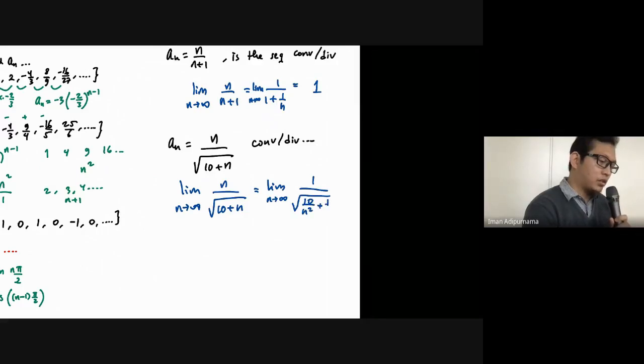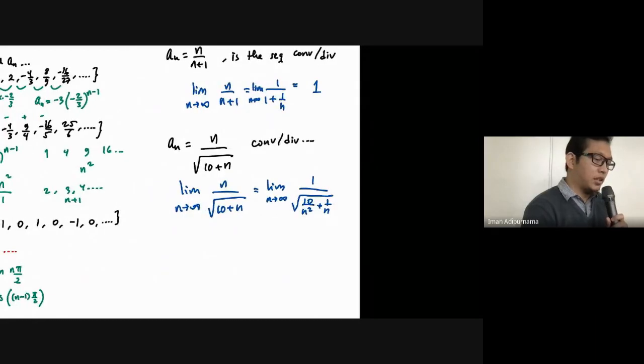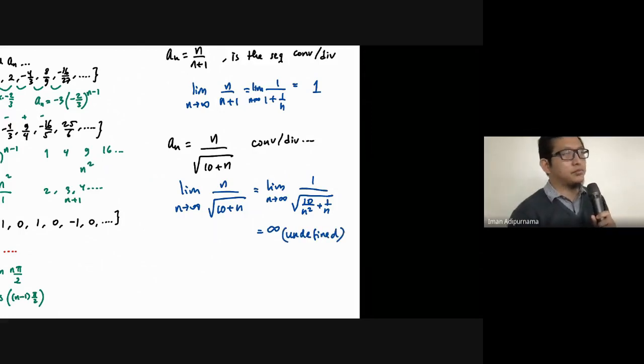And from here you will see that we will have 1 over 0, right? And in terms of limit, that's called undefined, or we can say it's infinite, or undefined. Or the limit doesn't exist, also correct.